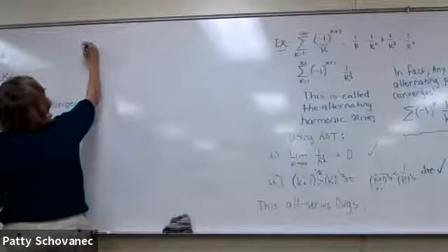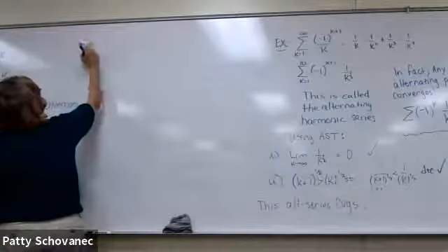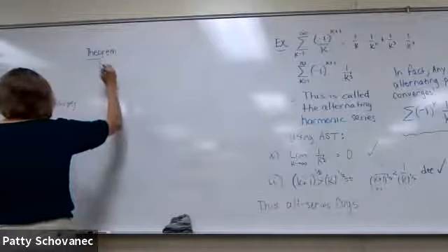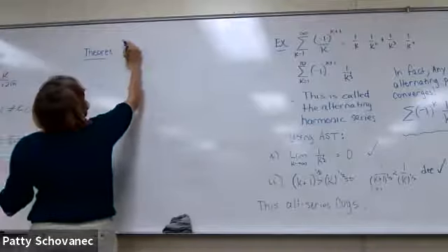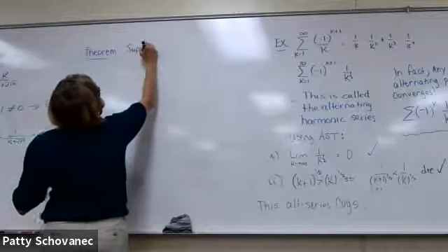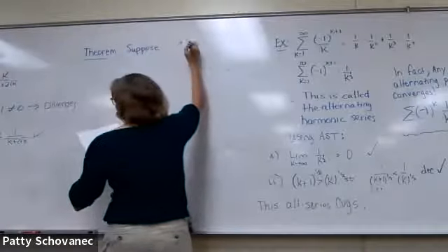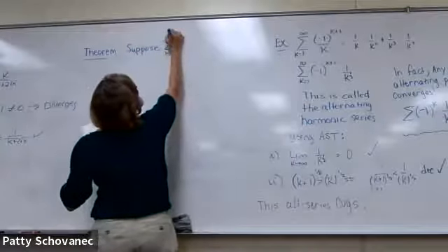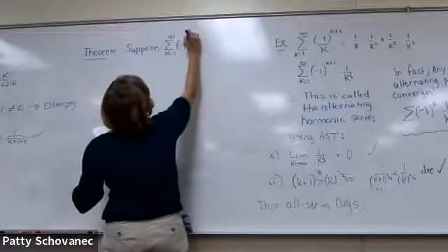So here's a big theorem for people who are into math. Suppose either alternating series, the one with the positive first term or the negative first term, is a convergent alternating series.